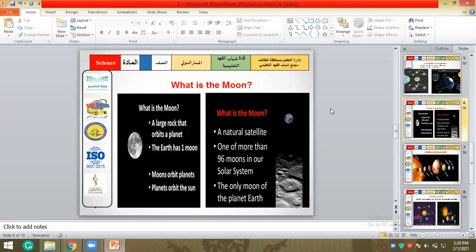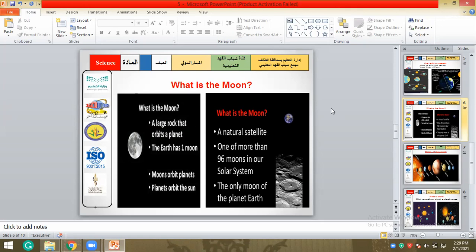Okay, next one here on the right side. What is the moon? A natural satellite, one of more than 96 moons in our solar system.